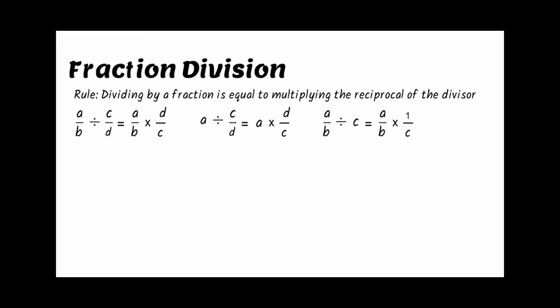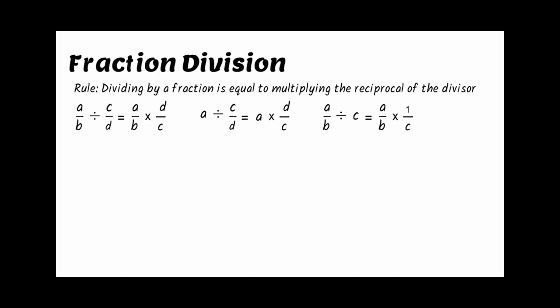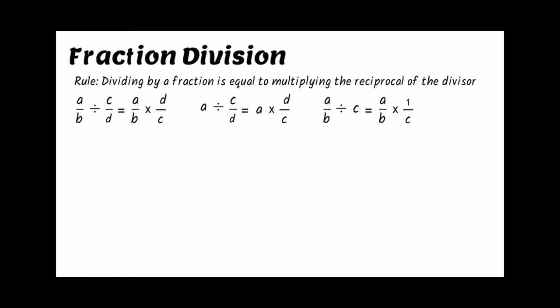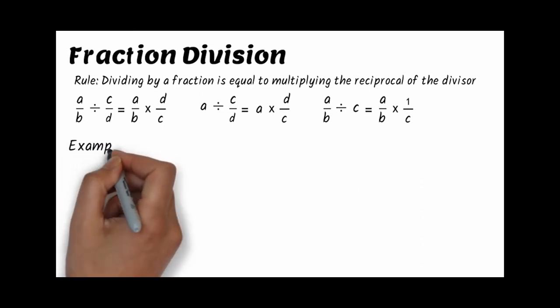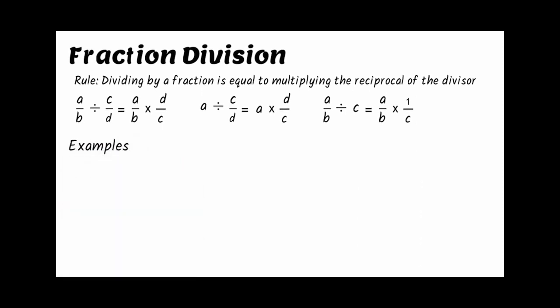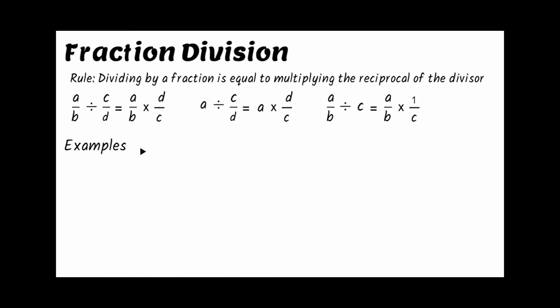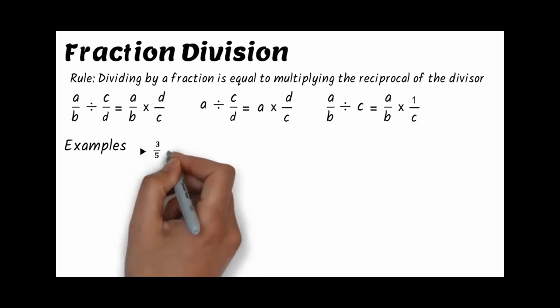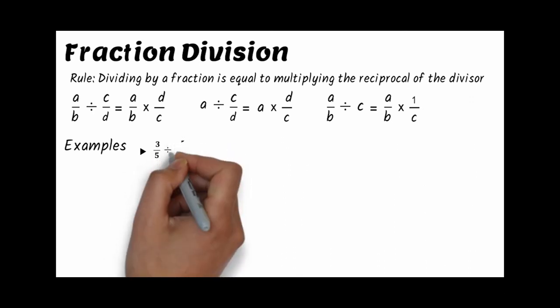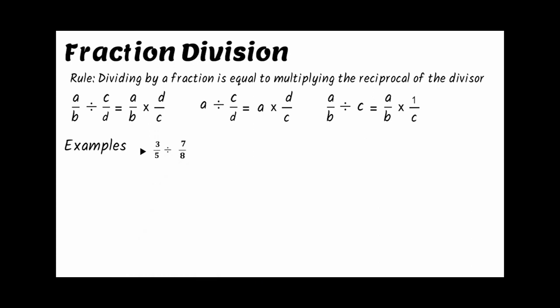Let's walk through a few examples that will cover all of the cases above. In our first example, what we have is the fraction 3/5 divided by another fraction, which is 7/8. So in here, dividing by 7/8 is equal to multiplying by its reciprocal.